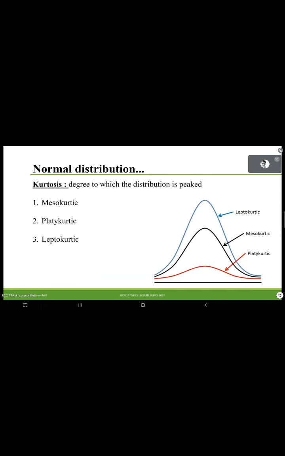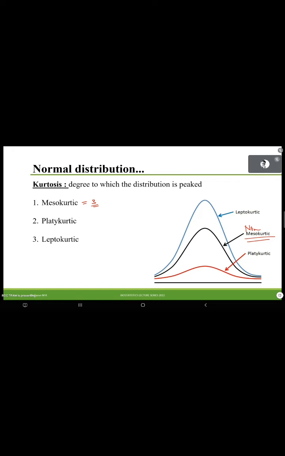Then another terminology is kurtosis. See the height of the curve. Usually the black one is actually the normal curve. It is written mesokurtic. So usually the curve has some optimum height, say 3 units, then we can say, oh, data follows normality. So if you want to talk about the height of the normal curve, then it is known as kurtosis. It is actually quantifying the degree to which the graph is peaked.